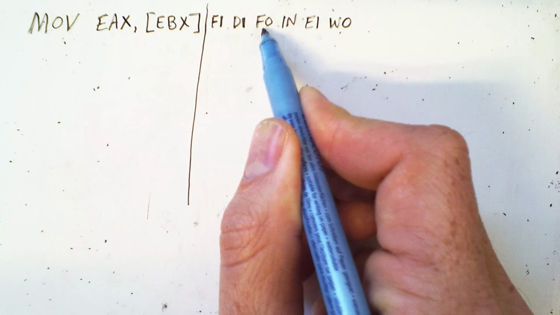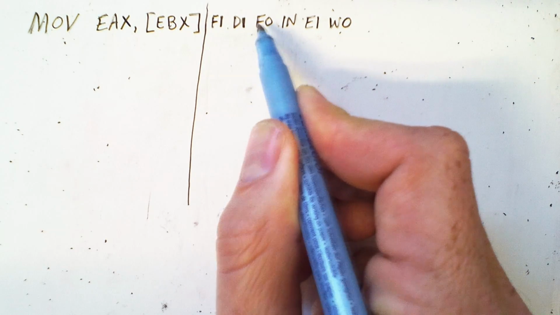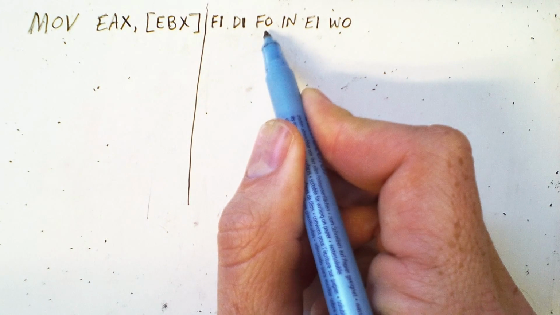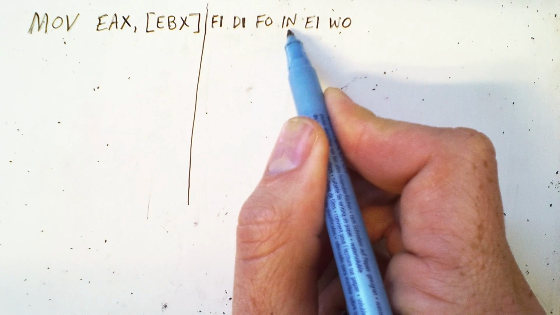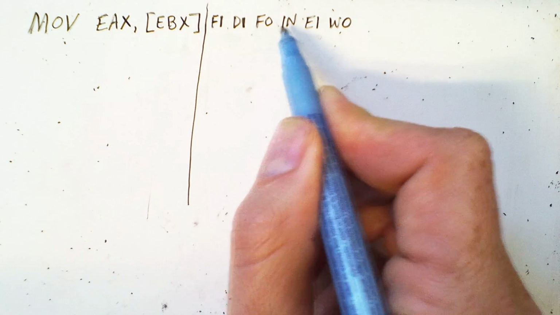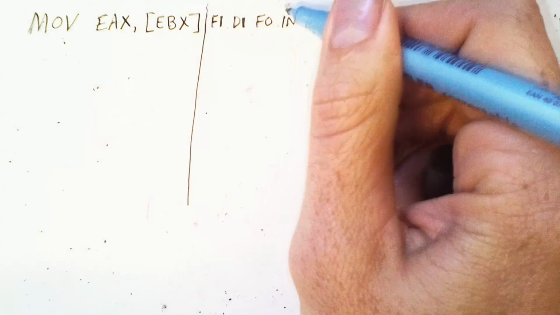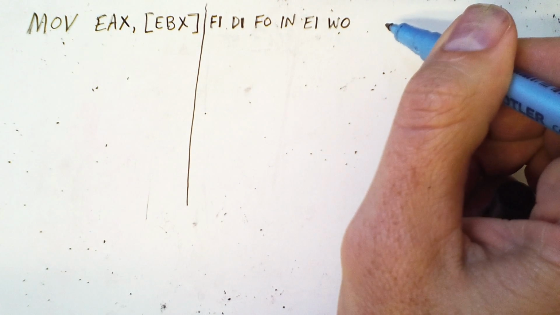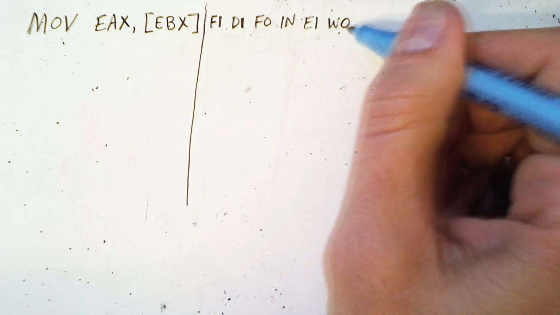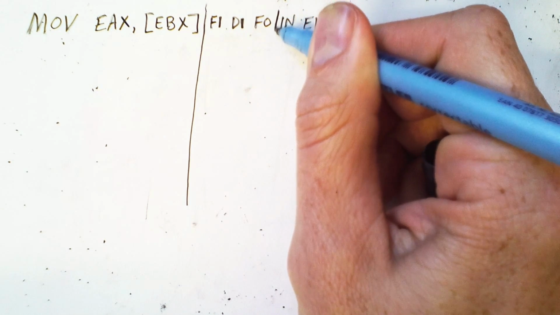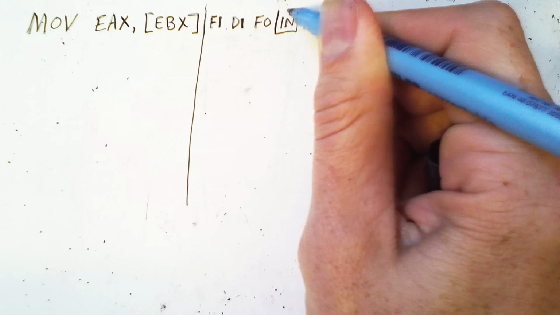So here we're fetching the operand EBX, but then we do a memory lookup in this phase that goes to the address corresponding to the value in EBX. So this is a new 6-stage pipeline, and we're going to see that being able to access memory here causes problems.